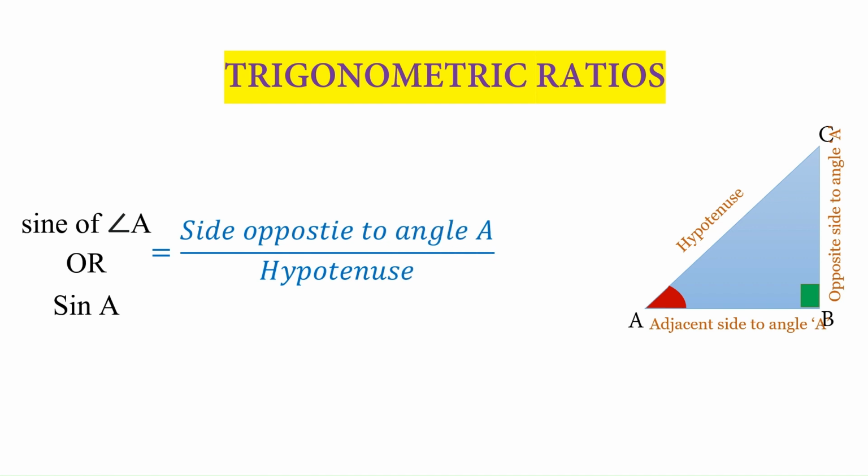Here the opposite side is BC upon hypotenuse AC. Now, this ABC triangle is just taken as a reference. The notation of the triangle would differ when we take, say, PQR or something else. So, the basic thing we have to remember is sin A is equal to opposite upon hypotenuse.